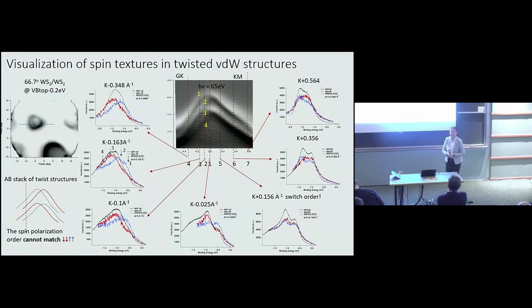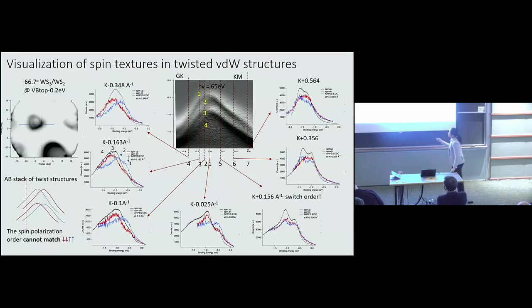Now we can make a very large area twisted van der Waals structure, and we can collect very nice data for the spin-resolved textures of the bands. This is just a KX-KY plot. That's the gamma point, this is the K point, and you can see two rings on top of that, because of the two layers that are twisted.